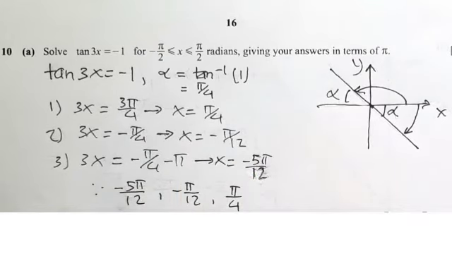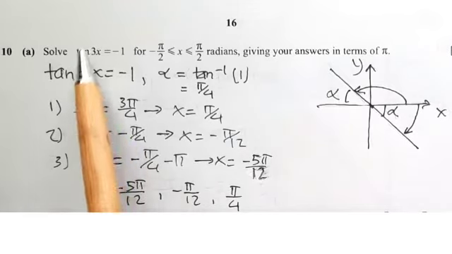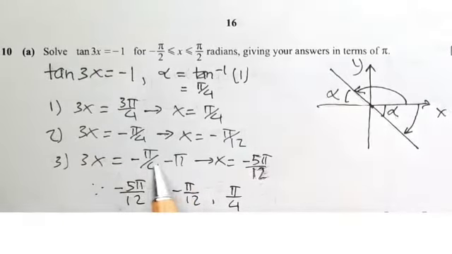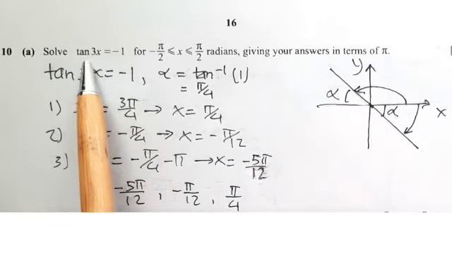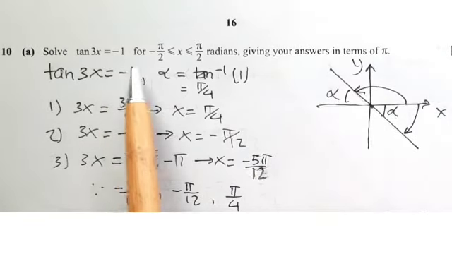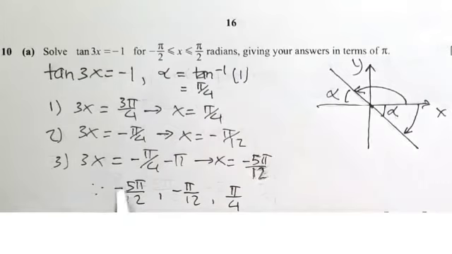And another one, 3x equals minus pi over 4 minus the period of tan, that is pi, so minus pi over 4 minus pi. From here we obtain x equals minus 5 pi over 12. Thus the solutions of tan 3x equals minus 1 in this domain are minus 5 pi over 12, minus pi over 12, and pi over 4.